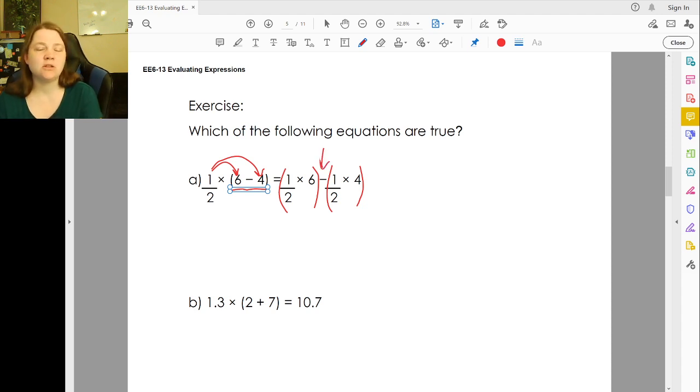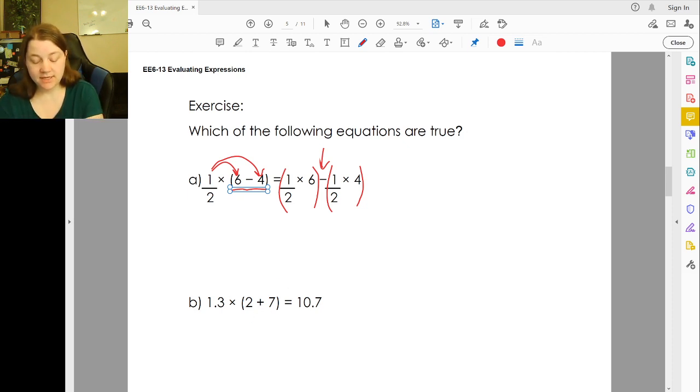I don't need the parentheses because PEMDAS tells me that I do multiplication first. So that would work.